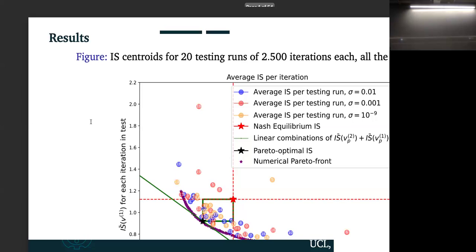The star is the Nash equilibrium according to the theoretical value. That can be computed. The black line that you see here is the Pareto frontier. And the star here is the Pareto optimal implementation, so the implementation shortfall corresponds to the Pareto. The different colors refer to different volatility values. Each of these points is the centroid across these 2,500 in order to have a large setting of values.